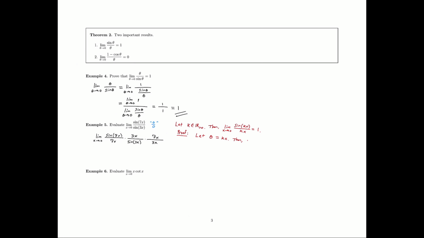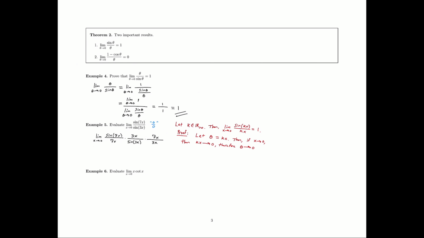If x goes to 0, then kx also goes to 0. Right? If x goes to 0, then multiplying that by a constant doesn't change that fact. It still goes to 0. So, therefore, since kx is just equal to theta, that means theta goes to 0. In other words, as x goes to 0, that forces theta to go to 0.